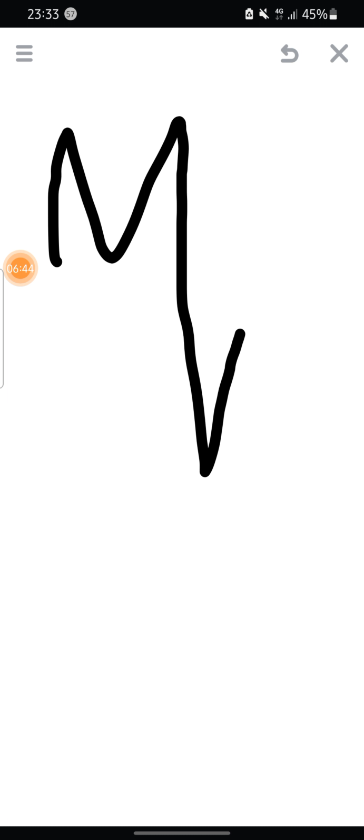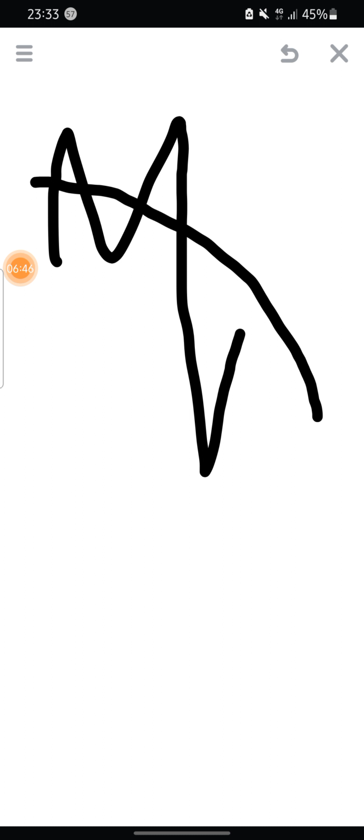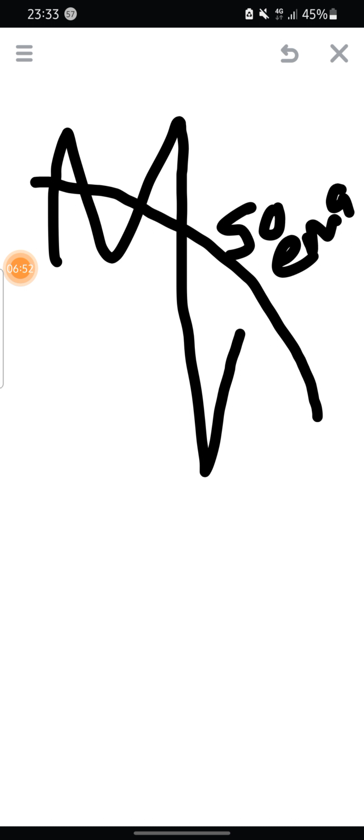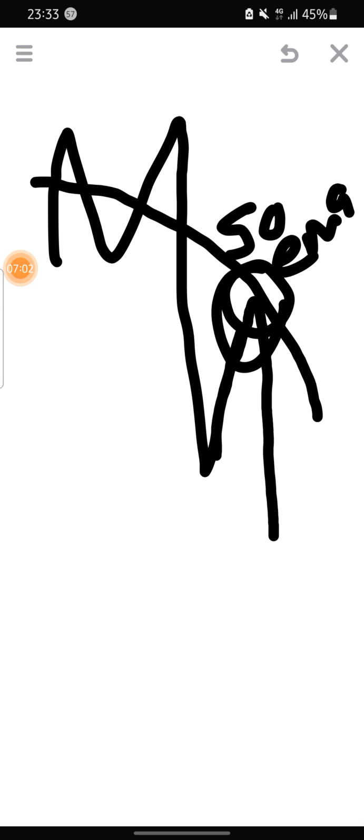Let me make this clear. This is our 50 EMA. So price is to come and reach the 50 EMA. Then it has to trap to the 50 EMA, either by pins or the whole candle.